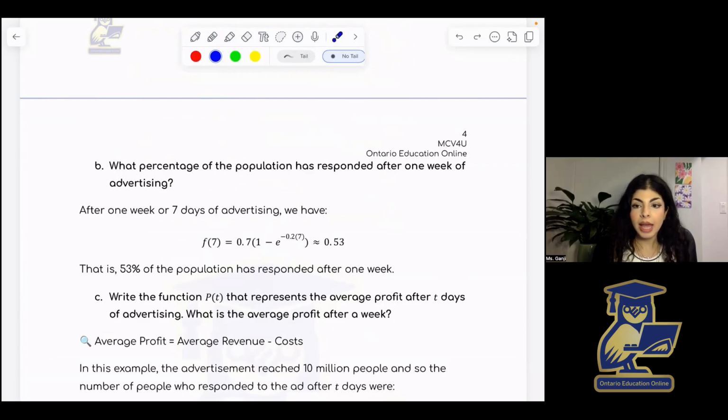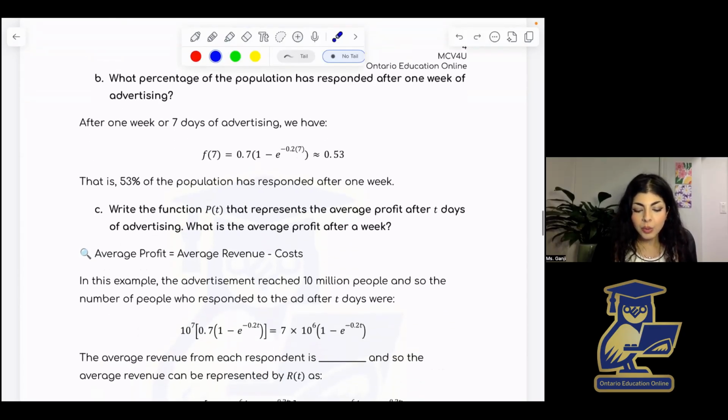Interpreting that, 53% of the population has responded after 1 week. So you send out this advertisement, and after 1 week, 53% of the people have seen it and responded. And again, if you keep this advertisement up indefinitely, eventually 70% of people will respond.